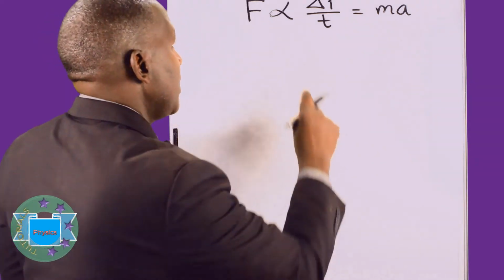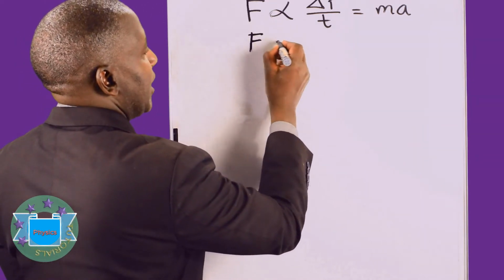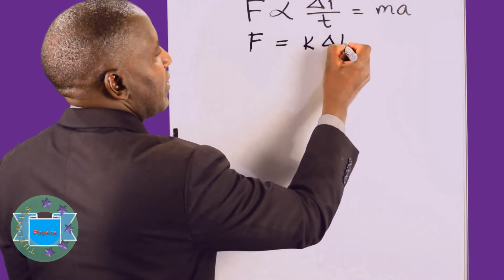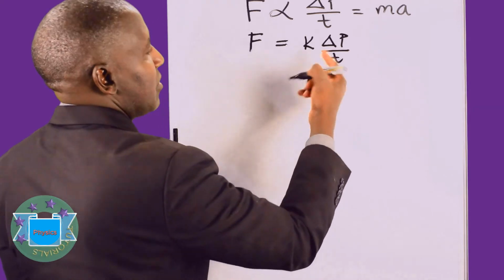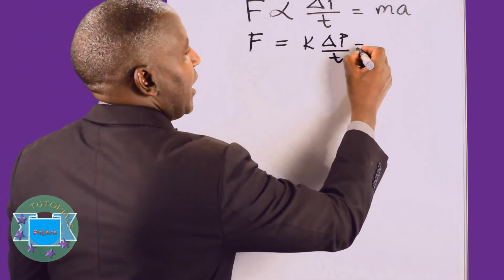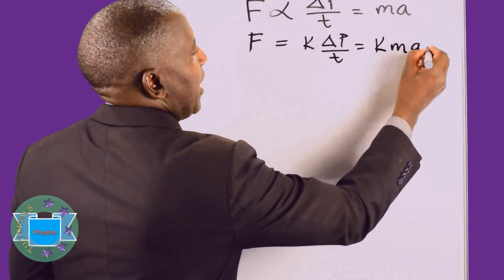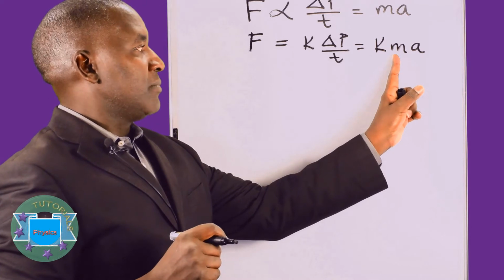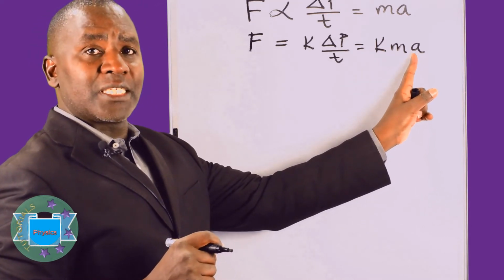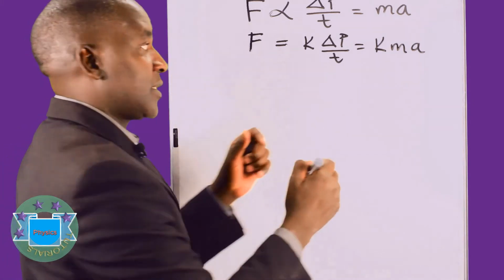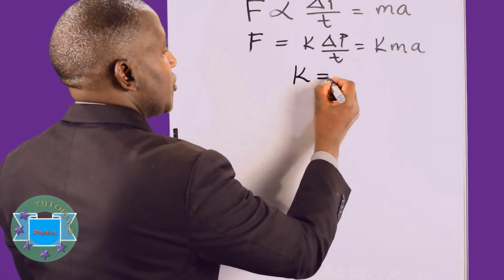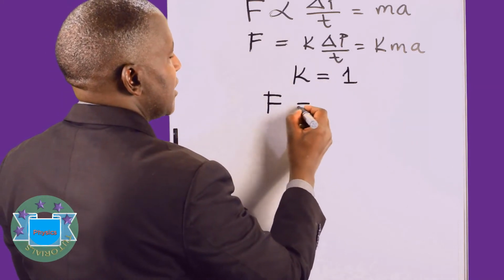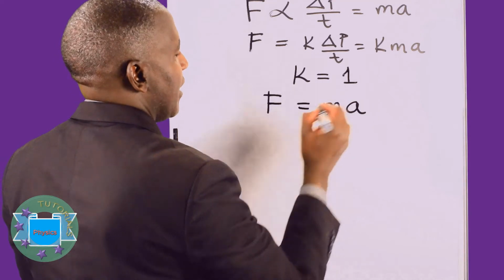When we want to remove this proportionality sign, we usually put the equal sign and introduce a constant k, and we have delta p over t, or F equals k m a, where m is in kilograms and a is in meters per second squared. From experiments, k is usually found to be equal to 1. So this law turns out to be F is equal to ma.